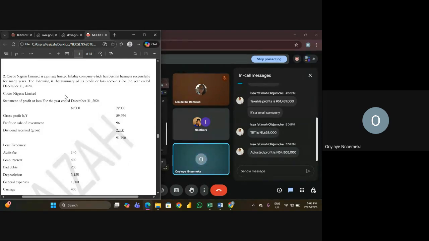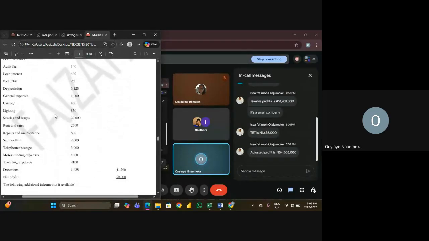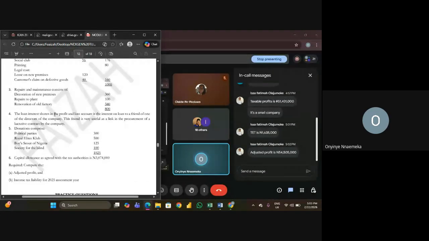This is their income. Hope you took note of it. Then we have additional information. The loan interest shown in the profit and loss account is the interest on loan to a friend of one of the directors of the company. The friend is very useful as a link in the procurement of a lucrative contract by the company. Donation, capital. Okay, so now let's solve.